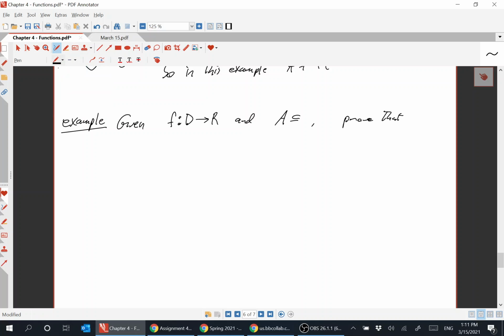So now the two sets in question are the image of A, the preimage of the image of A, and A itself. So now we want to compare these two sets, A and the preimage of the image of A.